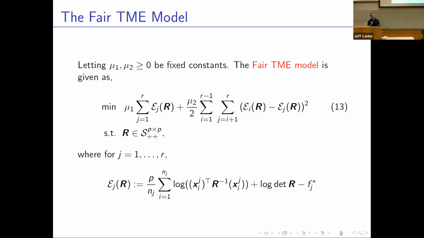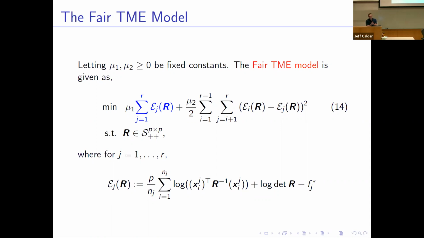So we'll take this slow. I have two fixed constants, mu1 and mu2. And I have two major terms in model 13. This first term is trying to minimize the individual TME errors for my model. So in some sense, it is trying to give individual fitness for the covariance matrix for the individual subgroups.